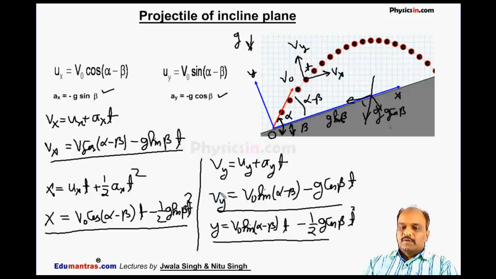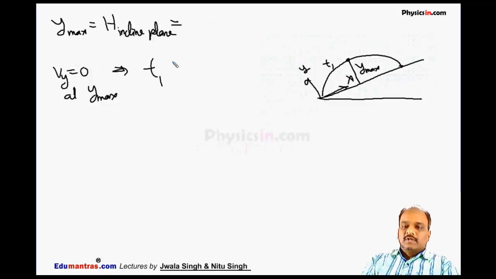If I substitute Vy as 0, we get t as v naught sin(alpha minus beta) divided by g cos beta. So t1 is v naught sin(alpha minus beta) divided by g cos beta.